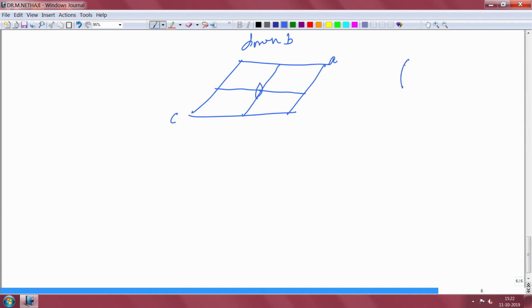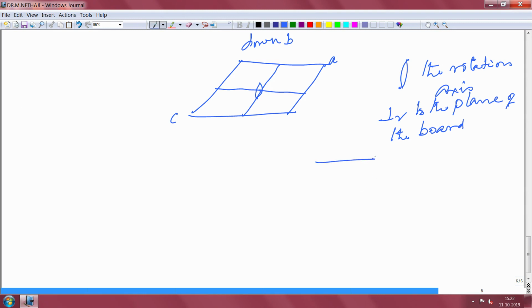See, this means the rotation axis is perpendicular to the plane of the board.